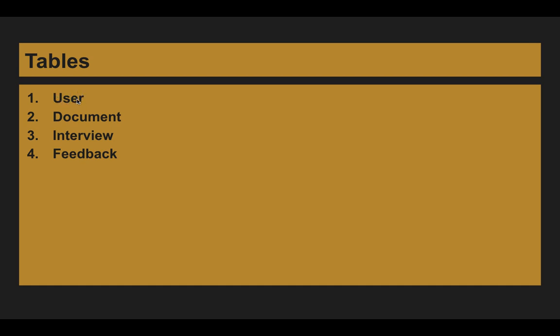Those are called users. Then we have a documents table, because document related information we have to store. Once the interview is scheduled, we have some kind of feedback. So there is one table called feedback, and another table is the interview table.